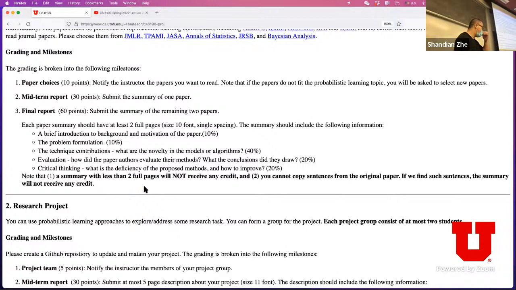Hopefully, in the future, academia will encourage everyone to discuss the problems and issues of their work. But right now, I think everyone is just trying to advocate their work and say their work is perfect. It solves everything, but actually it's not. Any other concerns about the paper reading project?